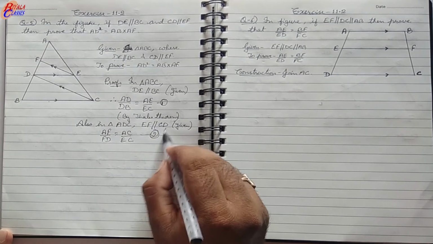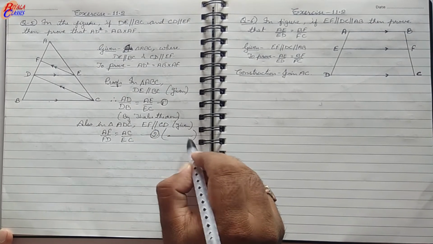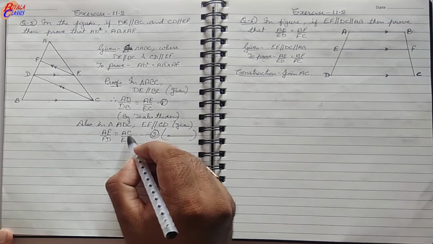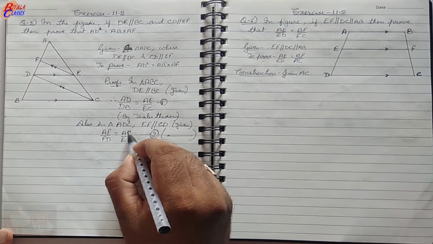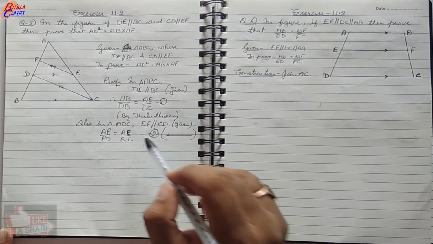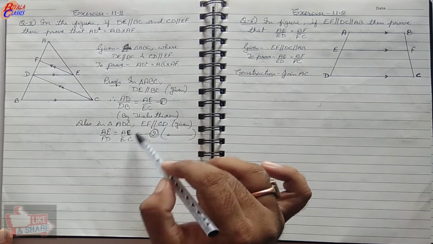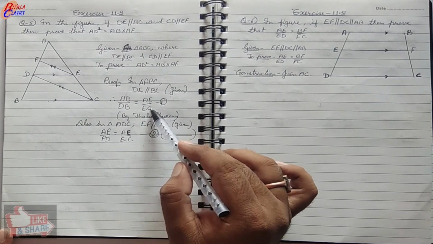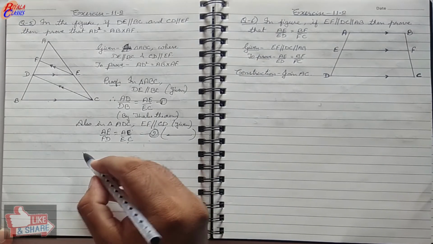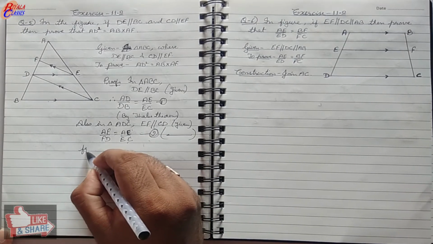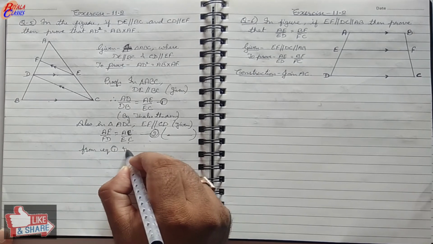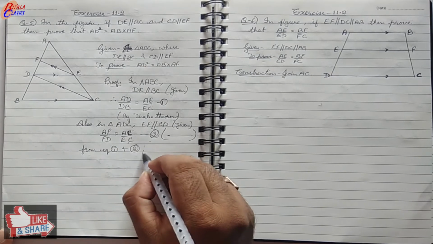So this is again by the Thales theorem, or you may write it as by basic proportionality theorem. Now if we check out the two equations which we have, the right hand side is the same ratio, that is AE upon EC. The right hand sides are equal, hence their left hand sides will also be equal. So we take here comparing the two equations, equation 1 and equation 2.